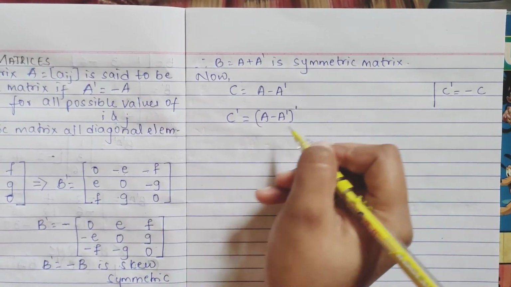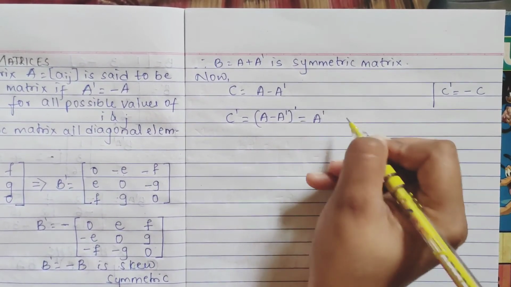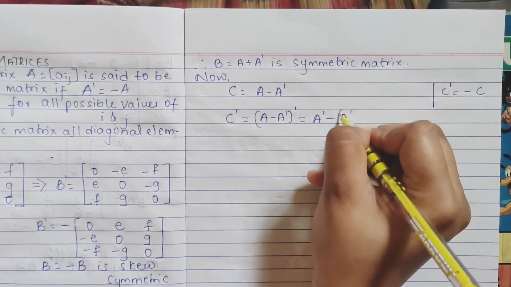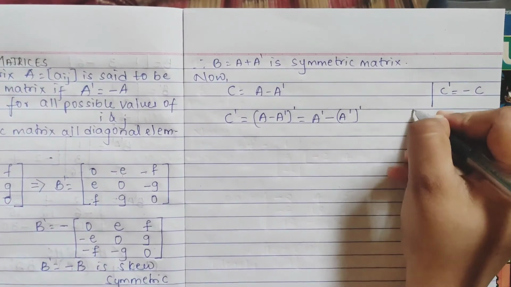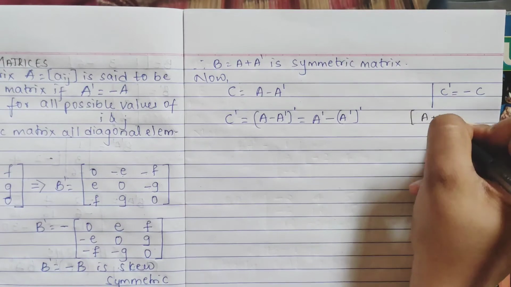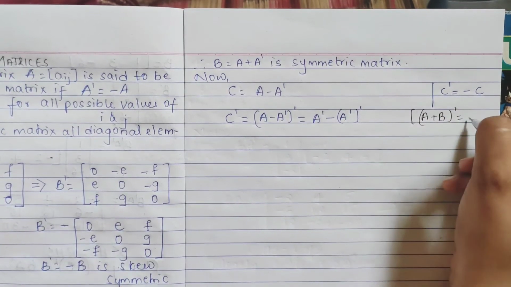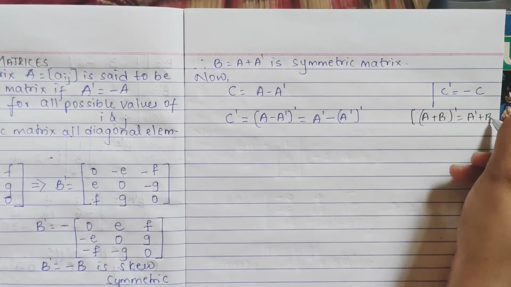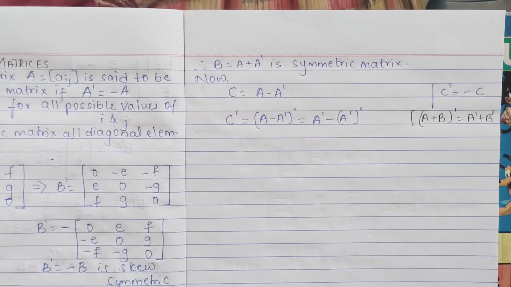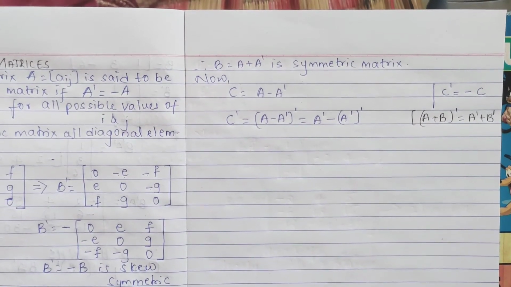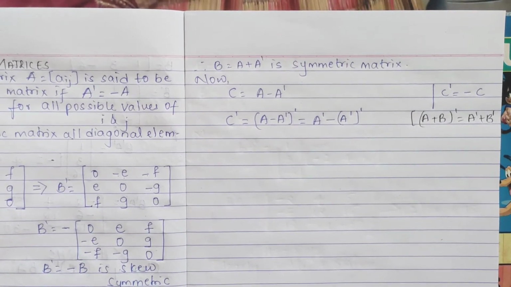And this, how will I write? A transpose minus A transpose of transpose. Why? Which property? Same: A plus B whole transpose is A transpose plus B transpose. For negatives, how can you write it?